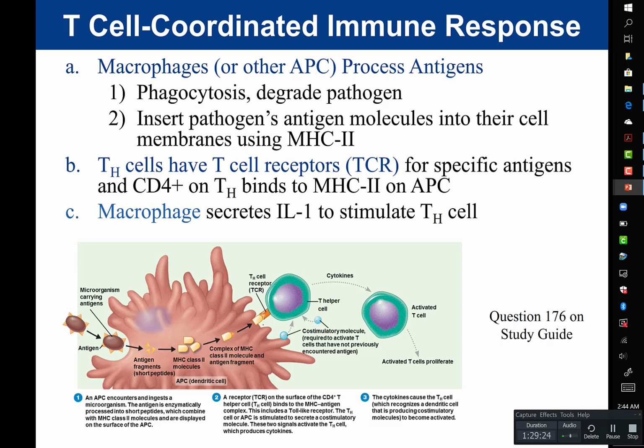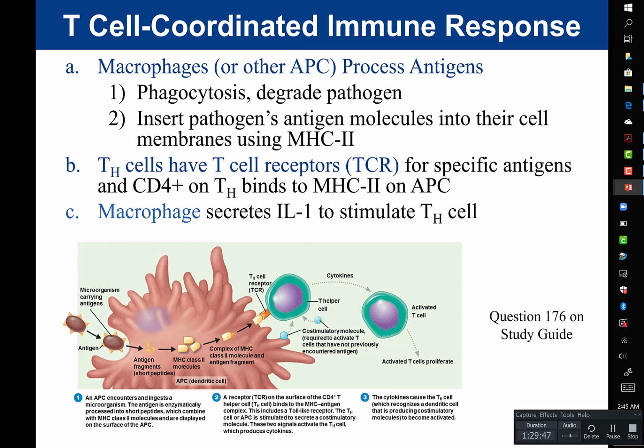T helper cells have a T cell receptor. And again, that T cell receptor is specific for the antigen. And the T helper cell has CD4, which binds to the MHC2. So two bindings have to occur for this response to occur.